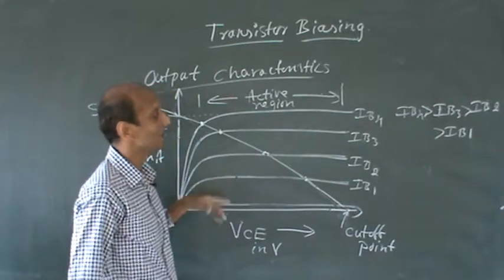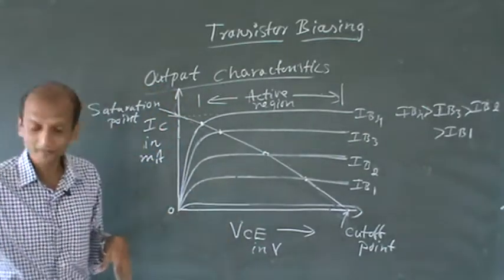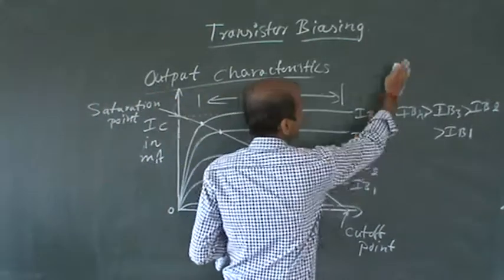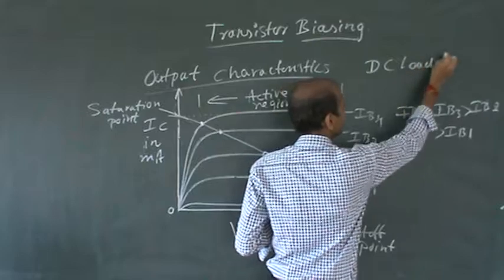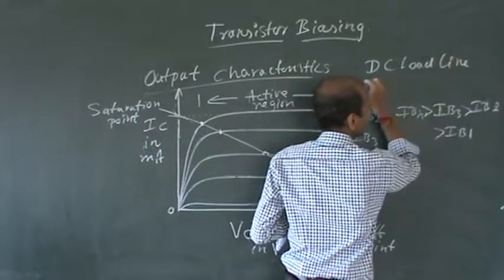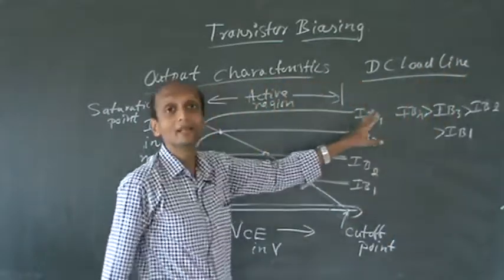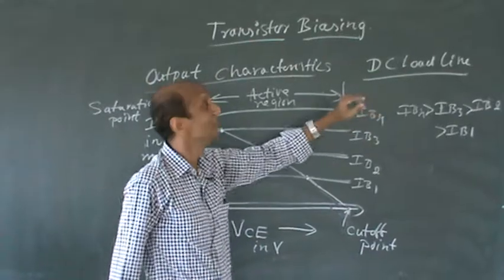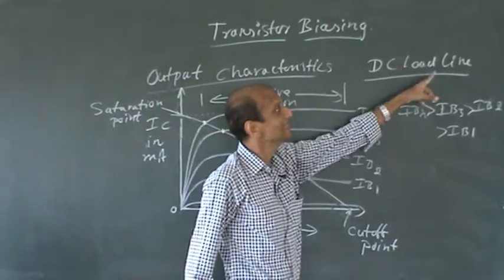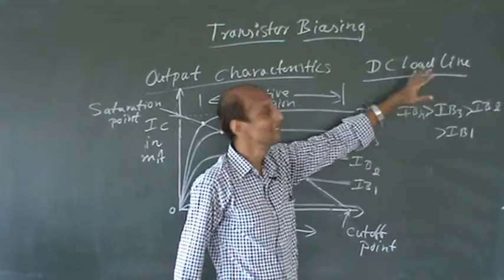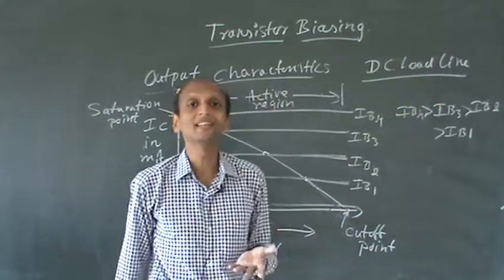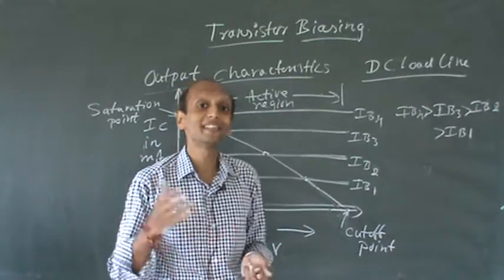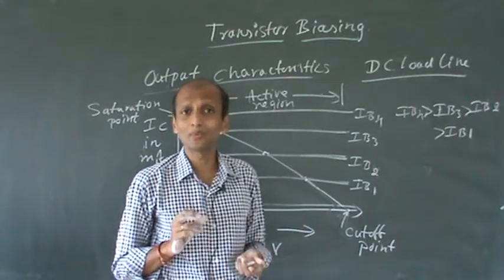Okay. So the next thing that comes is the DC load line. This is a very important thing. What is this DC load line? Load line is about the output device getting its current and voltages, isn't it?